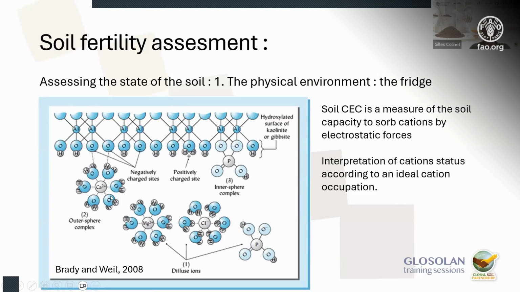When an element such as calcium is in the soil solution, it is surrounded by molecules of water, and they constitute the outer sphere complex, which with the H plus here at the border gives a kind of positive electronic charge.